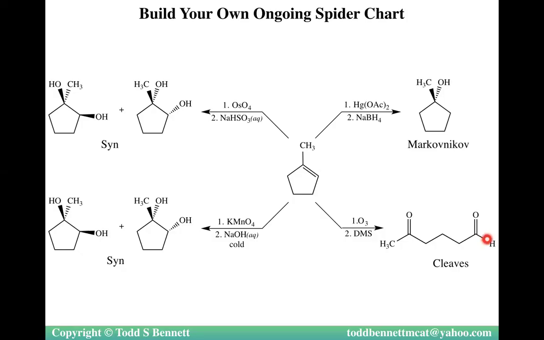Peroxide will turn this into an acid instead of an aldehyde. Little nuance changes like that. Instead of using water in this, we're going to use, let's say, ethanol or methanol and get an OCH3 instead, or OEt. So there's variations on it. But there's 12 fundamental core reactions that if you understand those well and know how things twist and turn, you can figure anything out in alkene reaction chemistry.